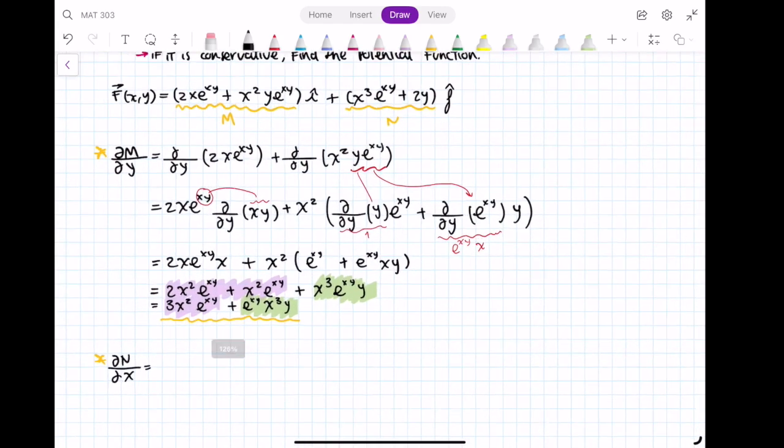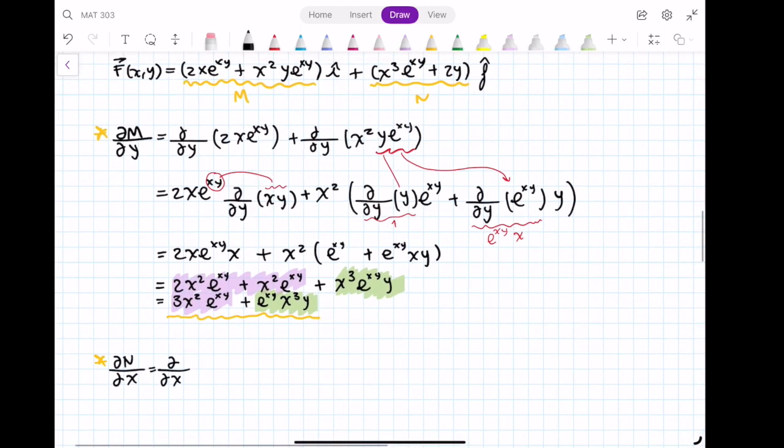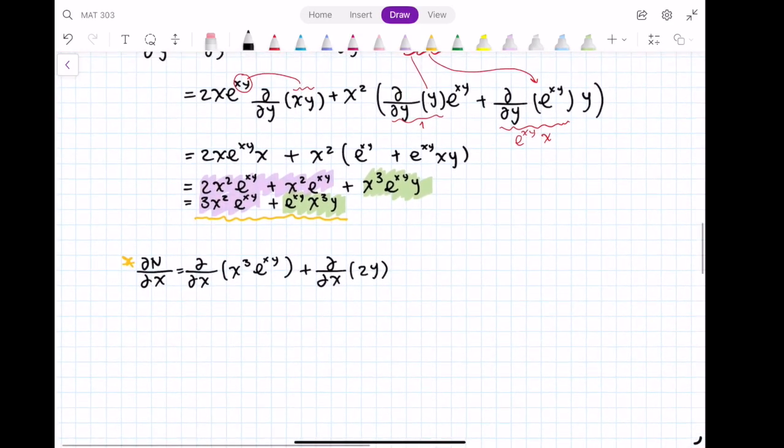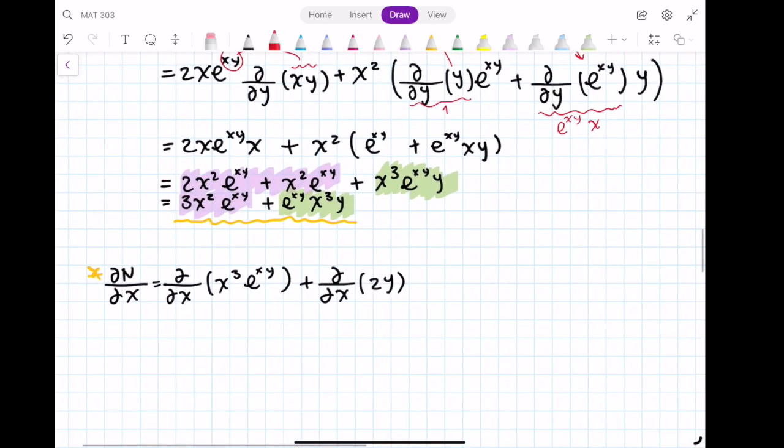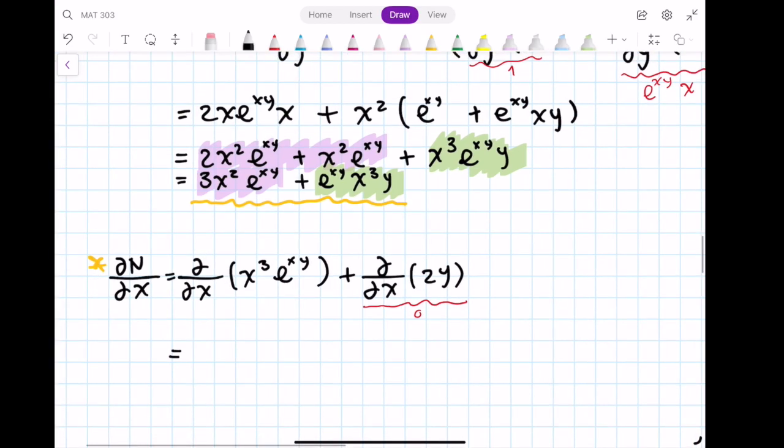So we have partial with respect to x, right, of 3x cubed exponent and partial with respect to x of 2y. Perfect. So now we can see that here is 0 because there is no x, right? So we can just work in this one.